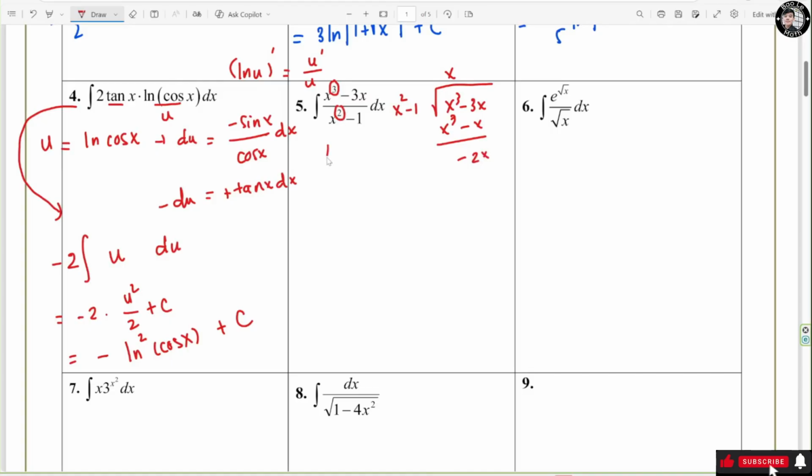So this can be written as the antiderivative of s minus 2s over s squared minus 1 ds, right? Now the antiderivative of s is s squared over 2.